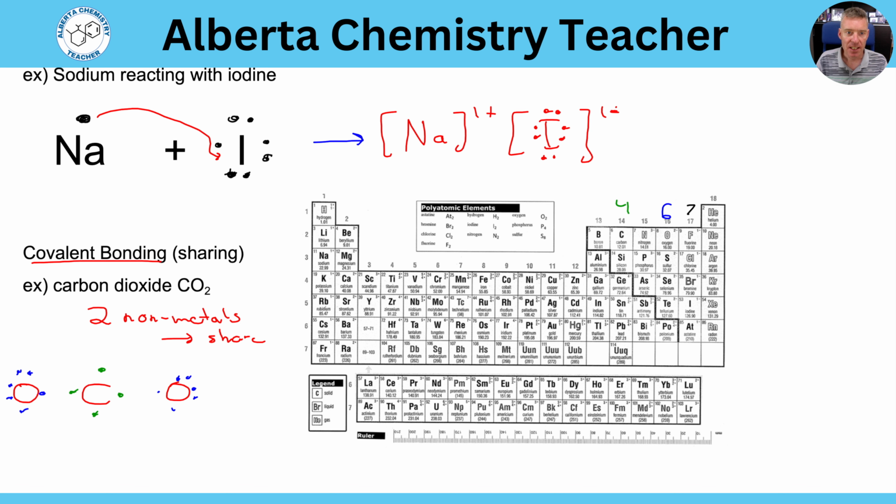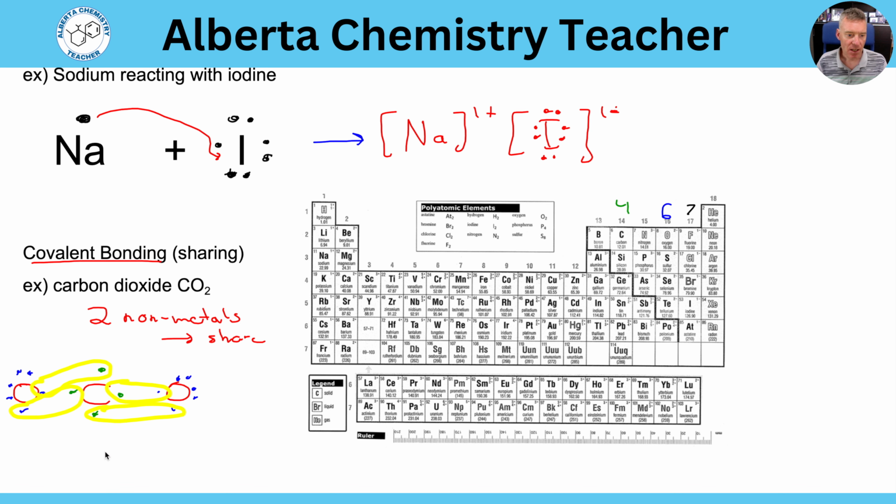And we're going to see something very different. We're going to see two singles shared. So this single and that single can come together and form a shared bond. This single and that single can come together. They're not being stolen, they're being shared. And we can get another sharing here and another sharing of this single and that single. So it's not stealing, it's sharing.